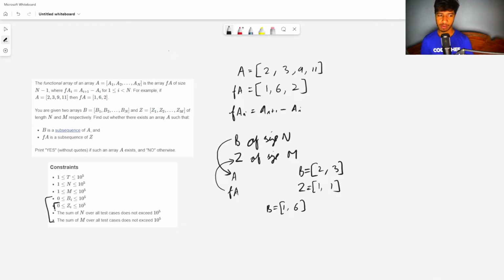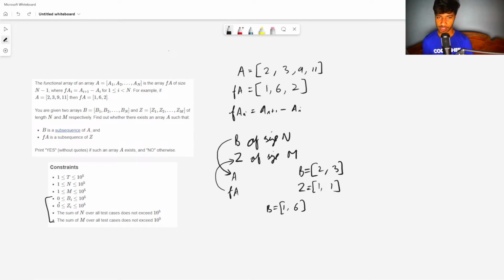And what is the minimum value of Z? It's 0, right? So Z will be greater than or equal to 0. If Z is greater than or equal to 0, that means every element in f of A is greater than or equal to 0. And what is f of A? A difference array, right? Difference of the adjacent elements. If the difference of adjacent elements is greater than or equal to 0, what does that imply about the array A?